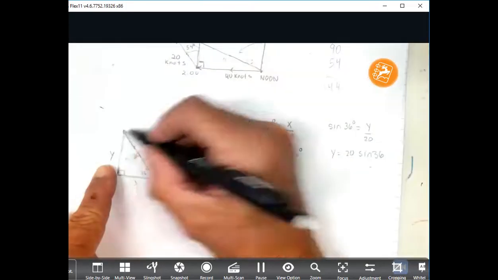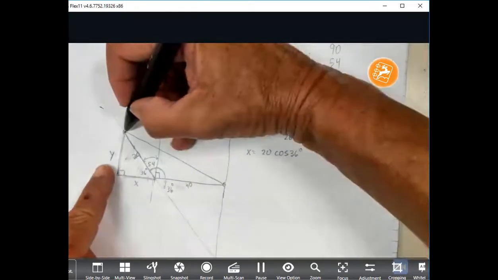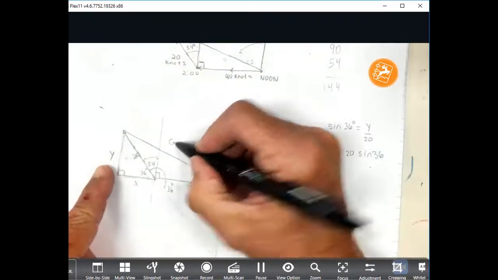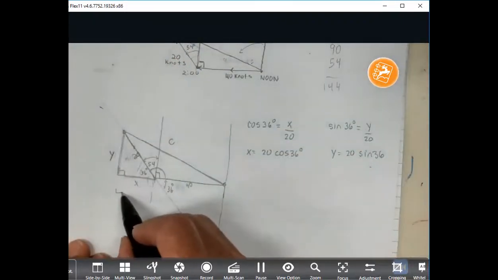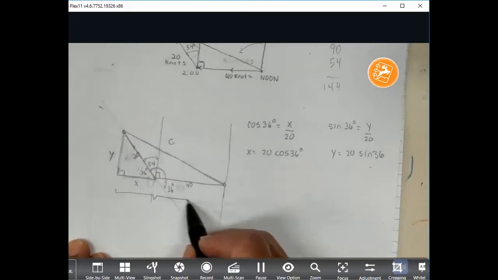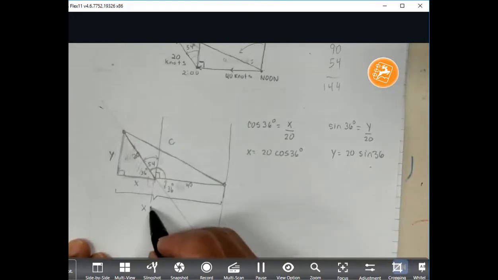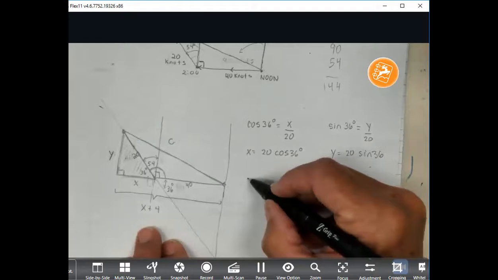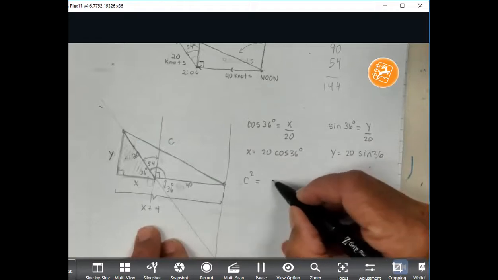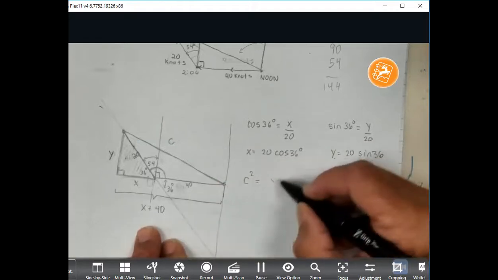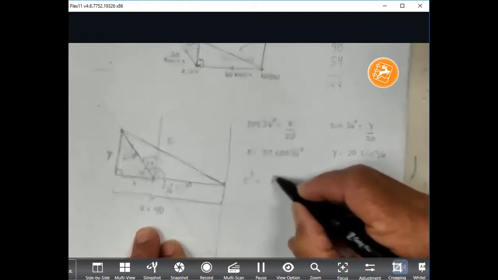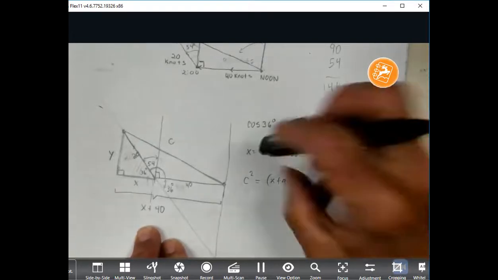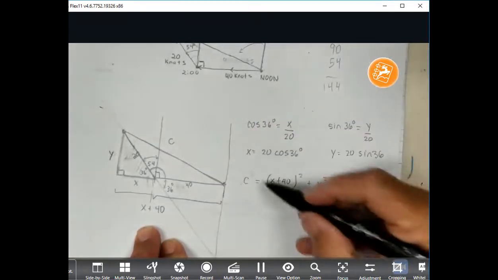And so this distance here can be found if we take our X and we add it to our 40. So we have that C squared is equal to X plus 40 squared plus Y squared. So C is the square root of all that.